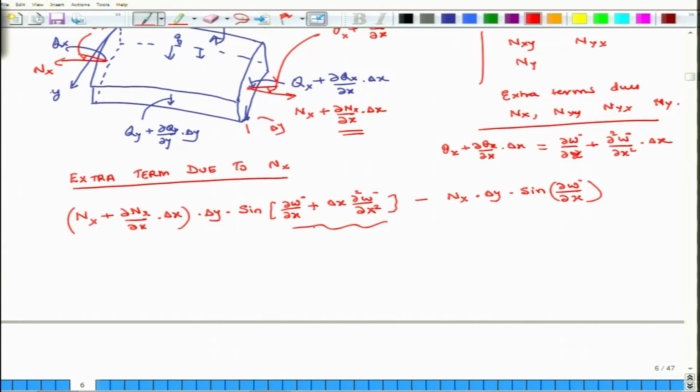So if this angle is very small, then the sine of this angle is the same as the angle. Okay.